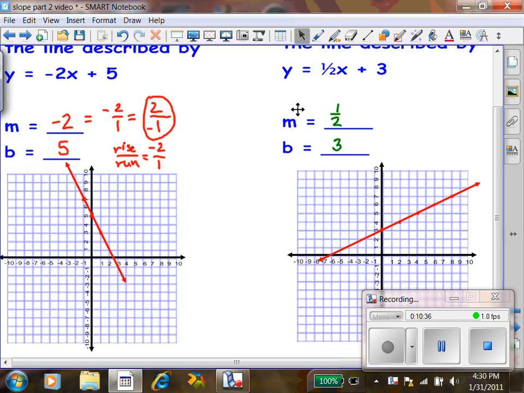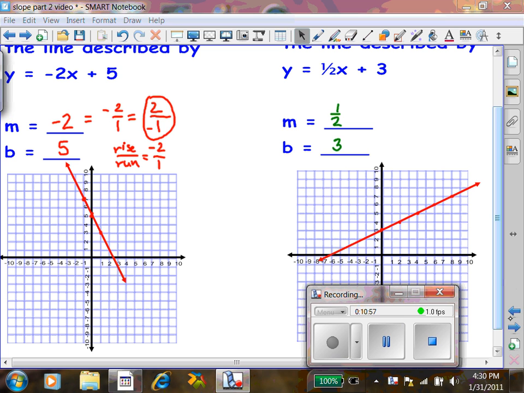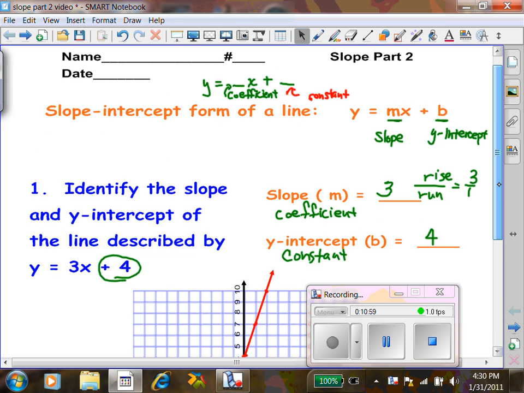Over here, this line was steeper, also going down from left to right because the slope was negative and the slope was a bigger number. The rise and run were different. The rise was bigger than the run, so that means it's going to be a steeper line. Go back over to the one on the front page. Let's look at the slope on that one. That was a slope of 3.